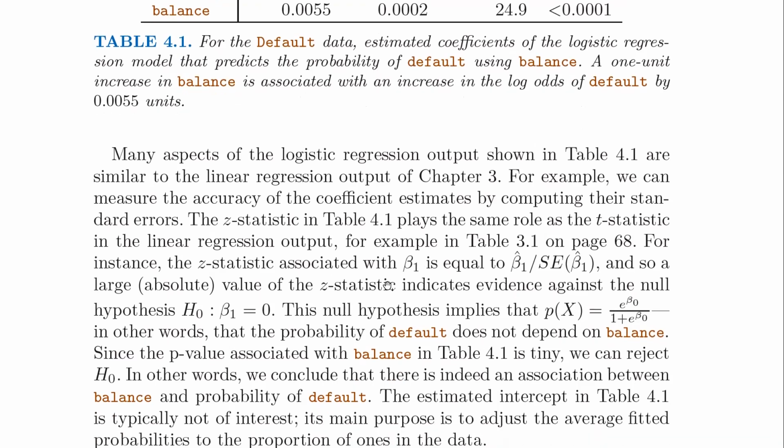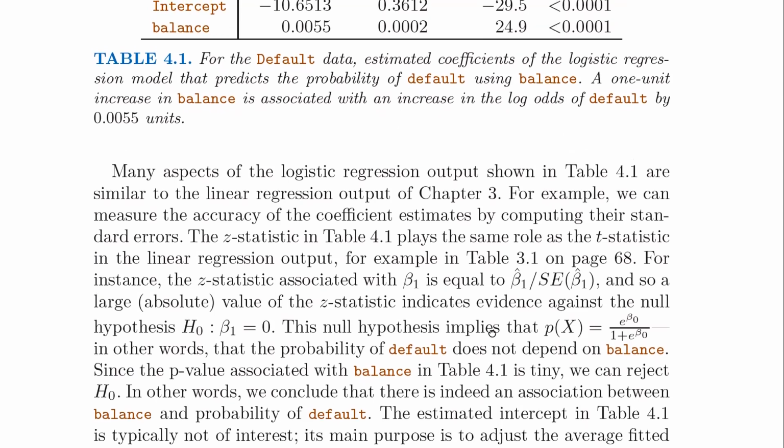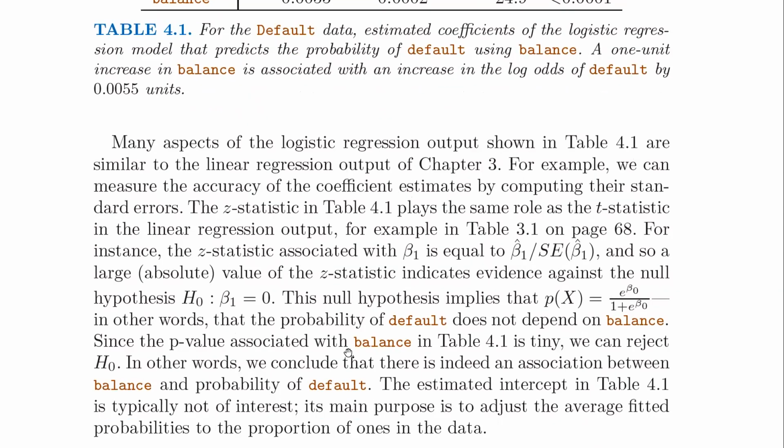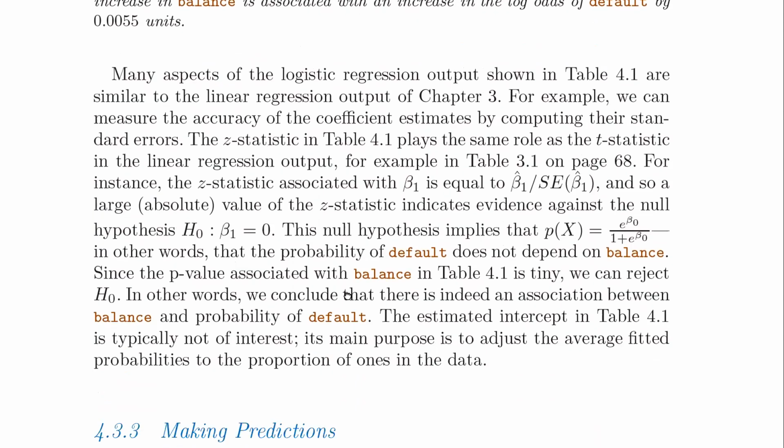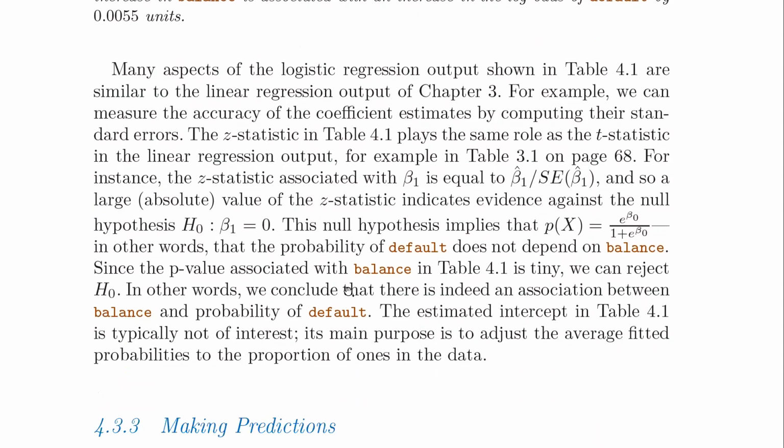Since the p-value associated with balance in table 4.1 is tiny, we can reject H0. In other words, we conclude that there is indeed an association, and that's kind of what you're after.